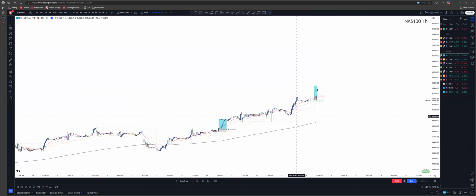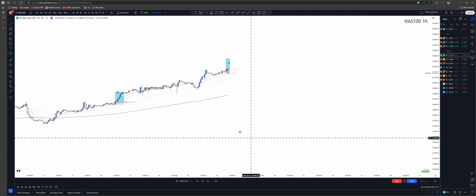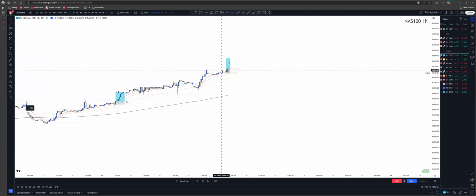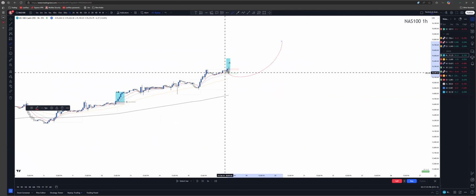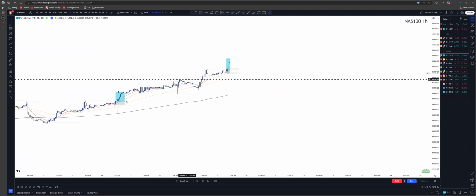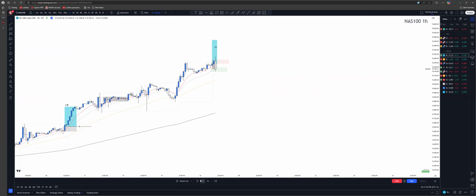Or just honestly just look for a reaccumulation into a buildup. So we can wait for that reaccumulation and buildup to happen.